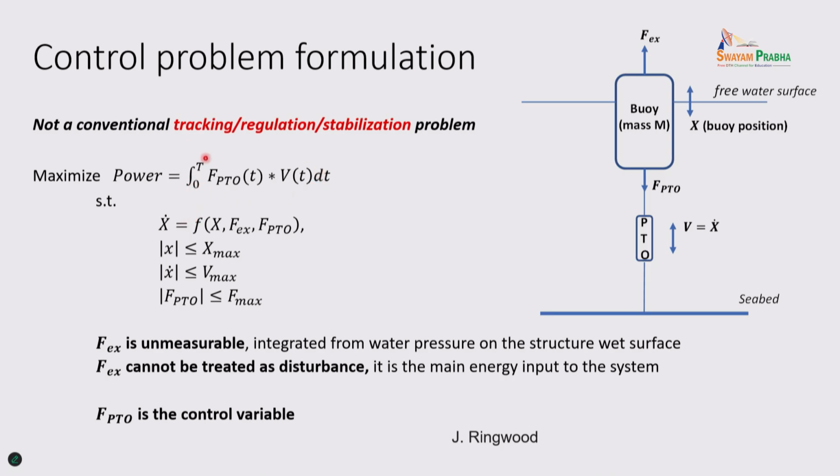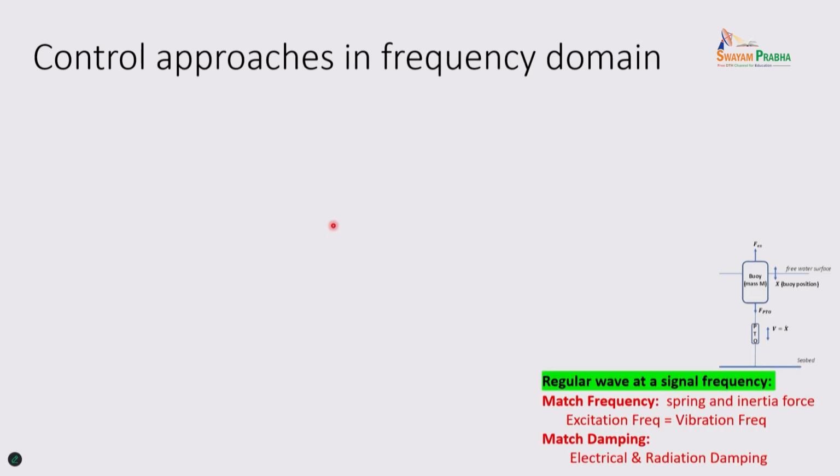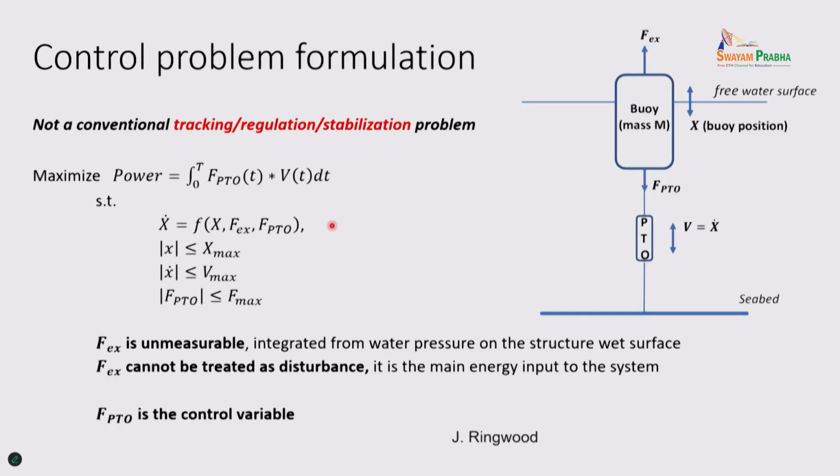You want to maximize the power output subject to a velocity constraint, a displacement constraint, and a PTO force constraint. So why is it different from the normal one? How many of you have learned LQR control, linear quadratic control?